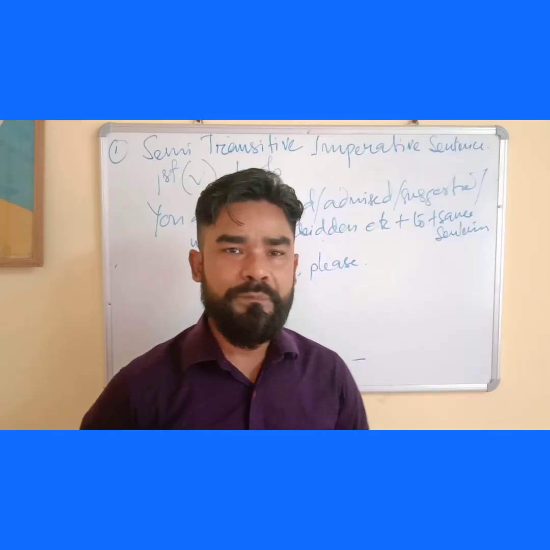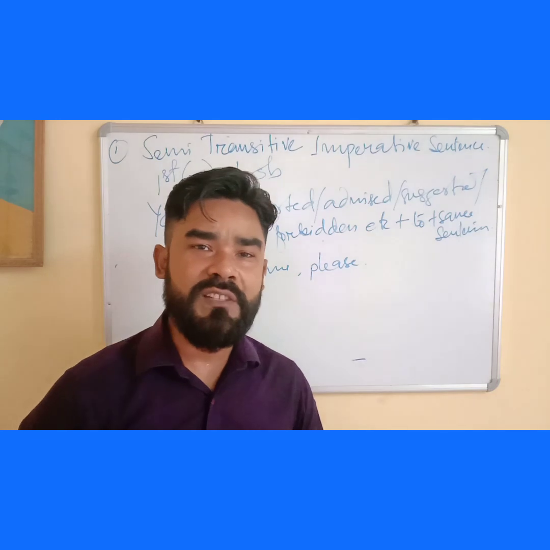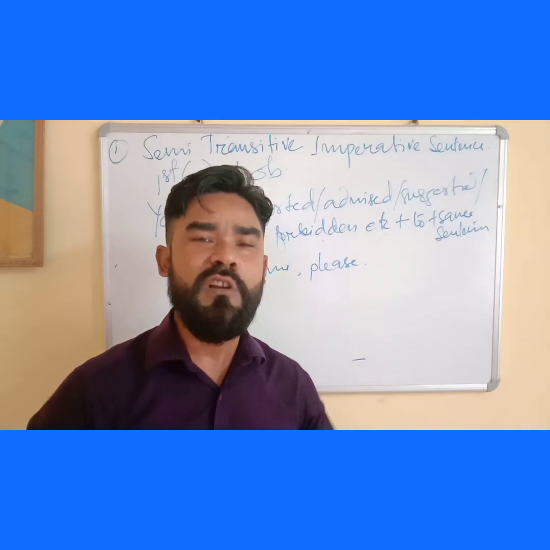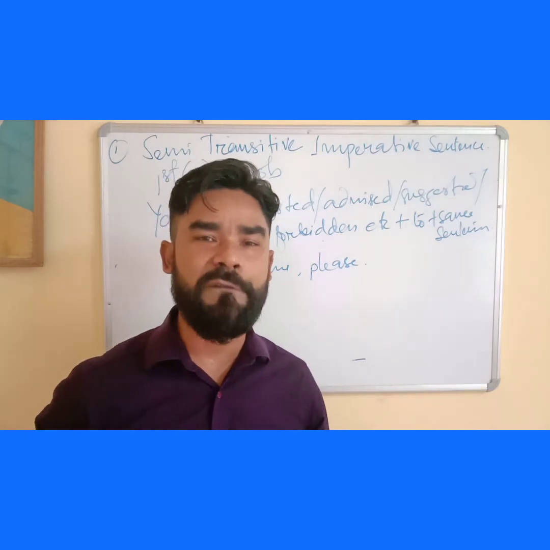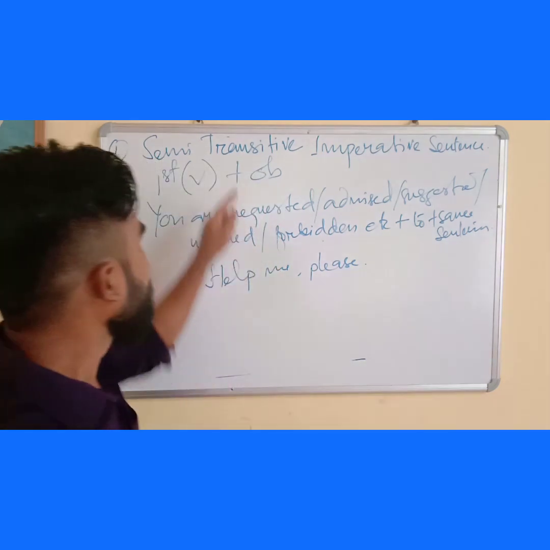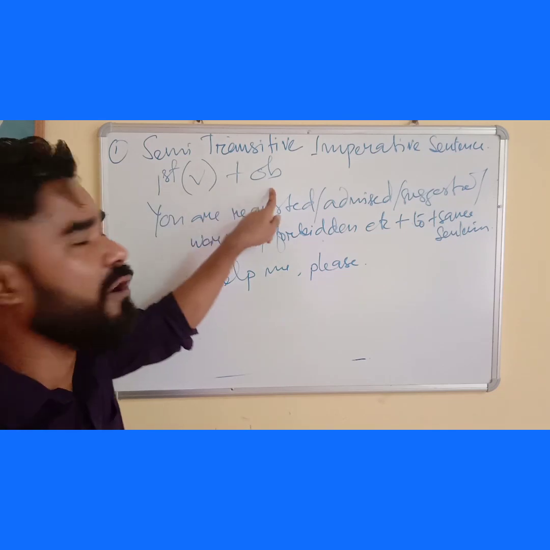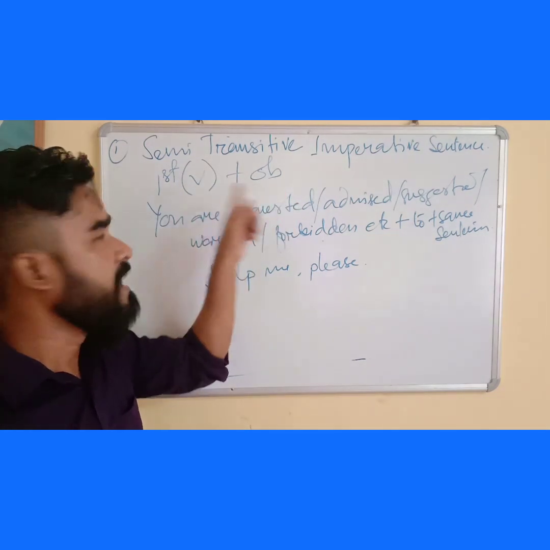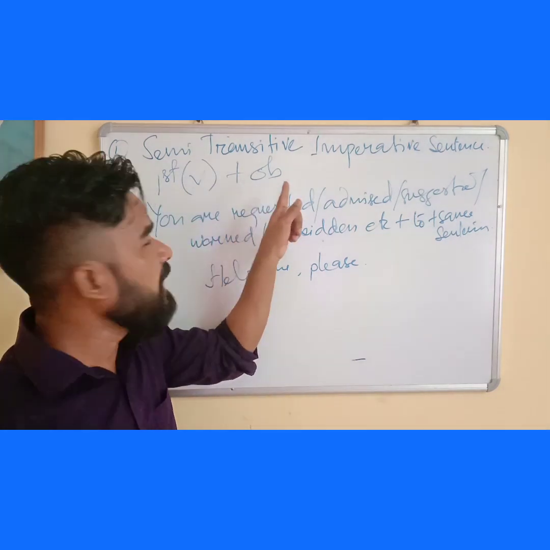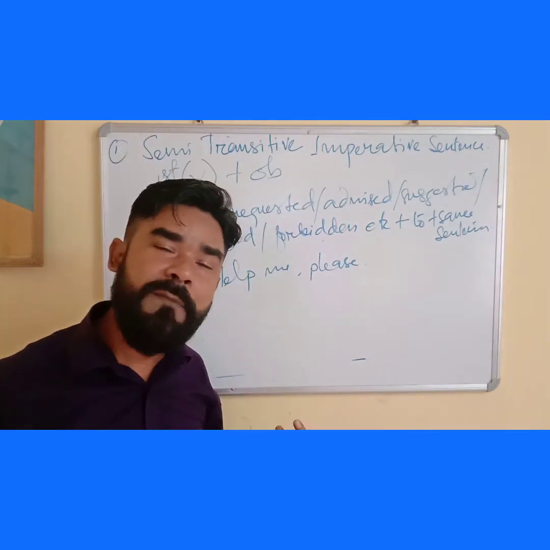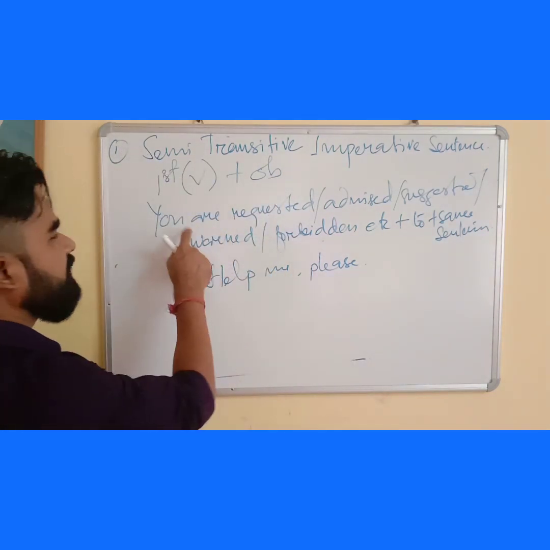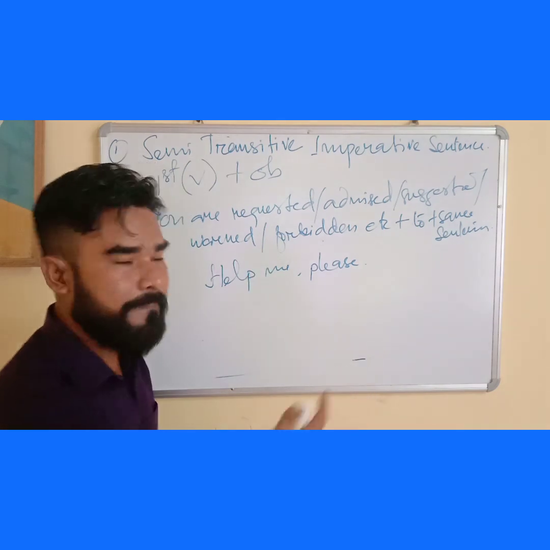Now we can see that the third formula is the semi-transitive imperative sentence. What does semi mean? Semi means half, quasi. Transitive means we have an object. First form of verb and object is the formula of active. So if we have an object, this is a transitive imperative, then why should we use the passive formation of intransitive?